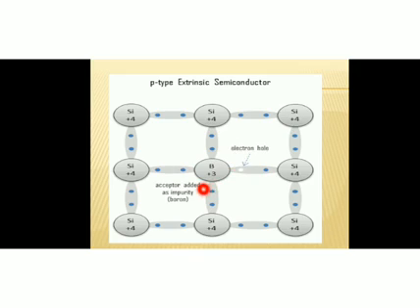Now, in addition to that, if we supply external energy to this semiconductor, what happens? Covalent bonds will break and electrons will be available for conduction. Again, holes are created. So here holes are created in 2 ways: one, by the addition of the trivalent impurity atom, and second, by the breaking of covalent bonds. But electrons are available in only one way, that is by the breaking of covalent bonds.